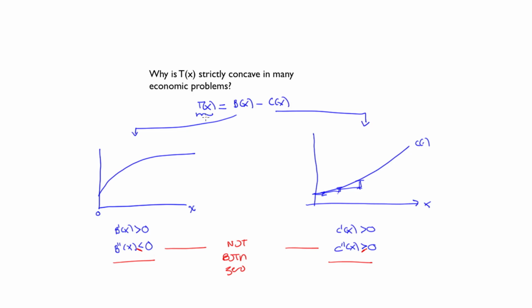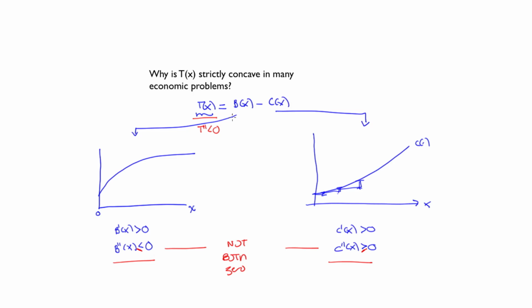We know that strict concavity requires the second derivative to be less than 0. But we know that the second derivative is going to be the sum of the second derivatives of b and c because of the additive structure of the objective function.